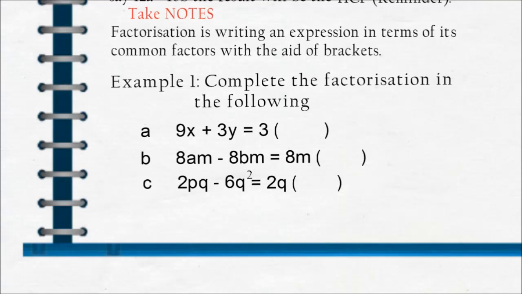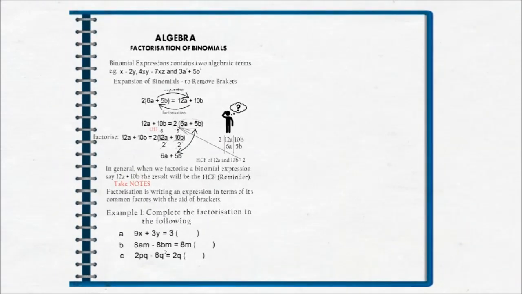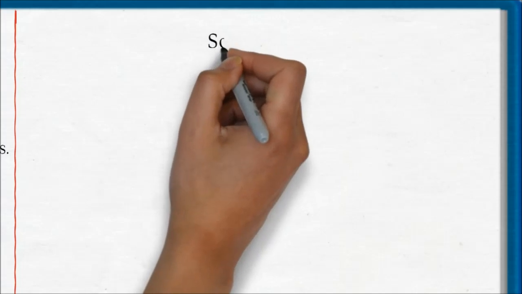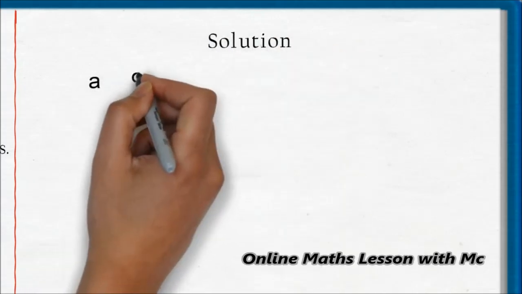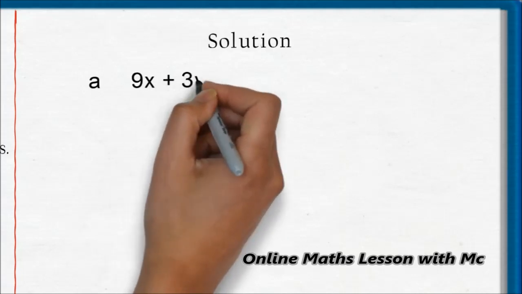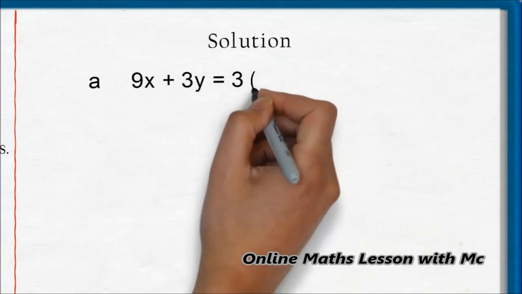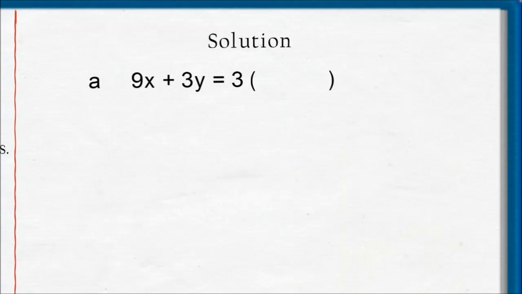Now in this example, the HCF has been generated for us. All we need to do is find the remainder for the brackets, that is, to find what fits into the brackets. Alright, so let's look at the solutions quickly. A. 9x plus 3y is our binomial, and our common factor is 3.